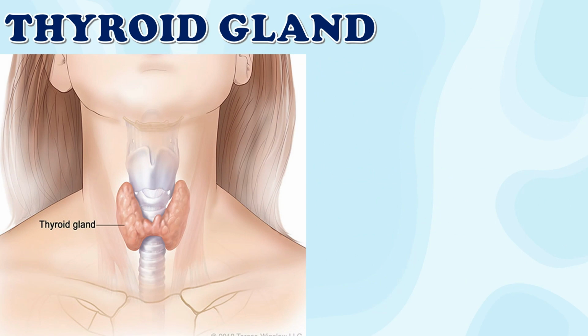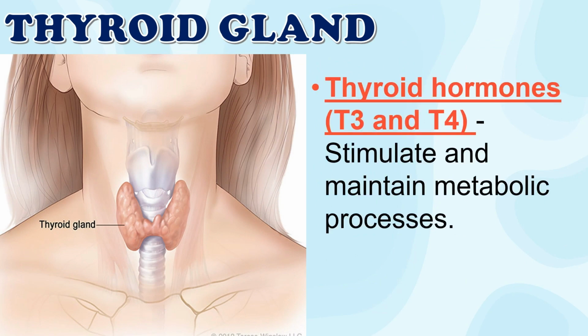Next, we have the thyroid gland. In the thyroid gland, we have thyroid hormones, T3 and T4, that stimulate and maintain metabolic processes. They affect every cell and all organs of the body, help regulate calories, and affect our weight loss and weight gain.